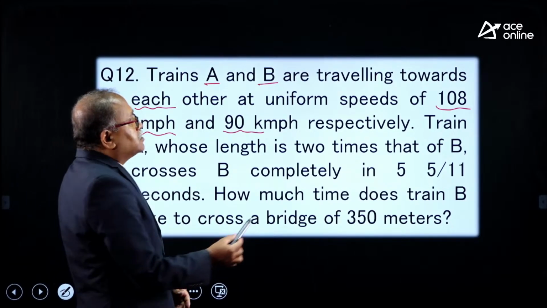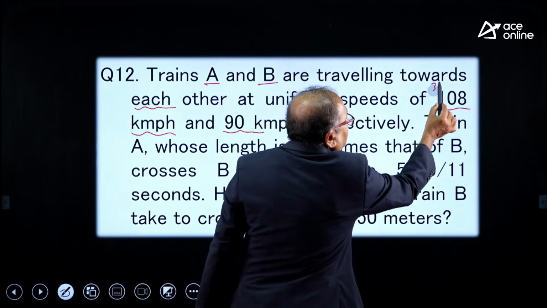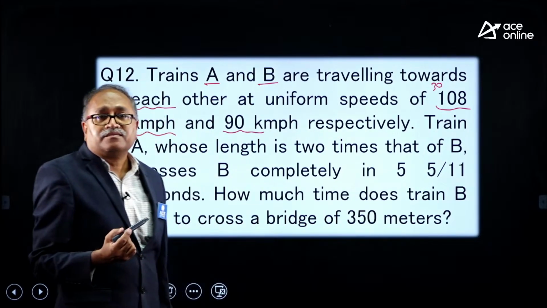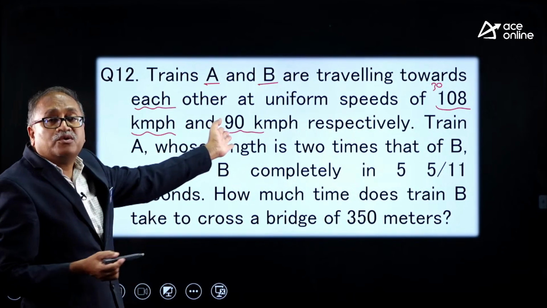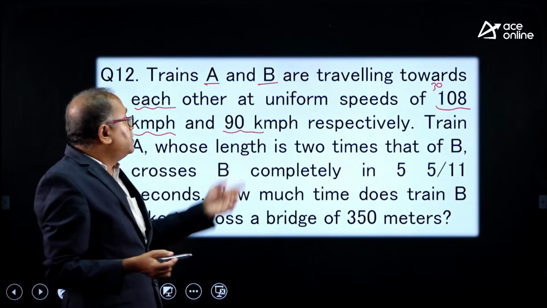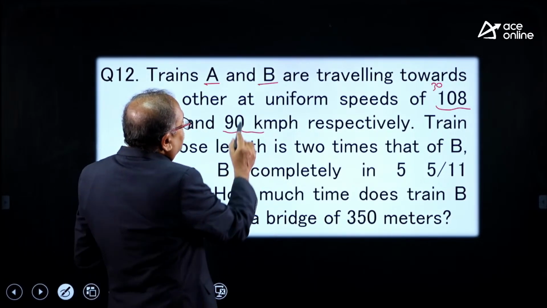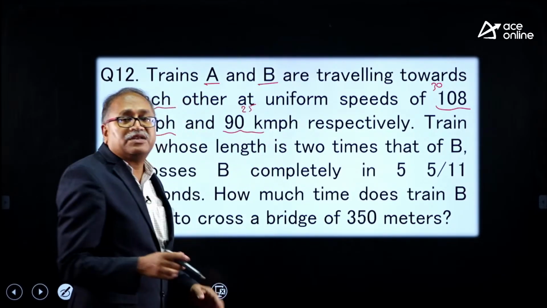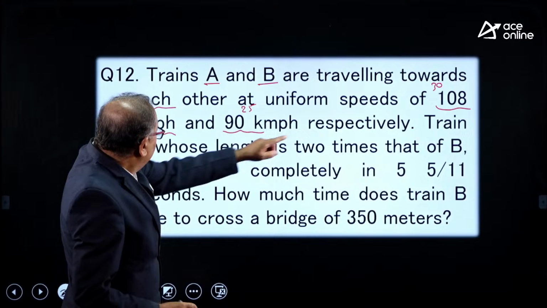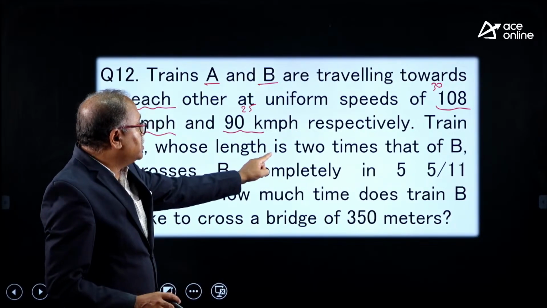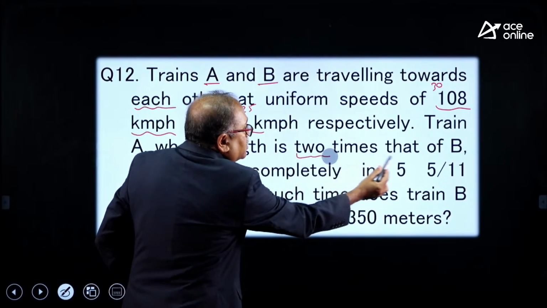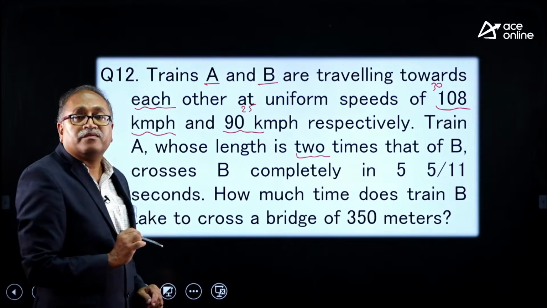That is 30 meter per second, which will save time, and 90 km per hour gives us 25 meter per second.